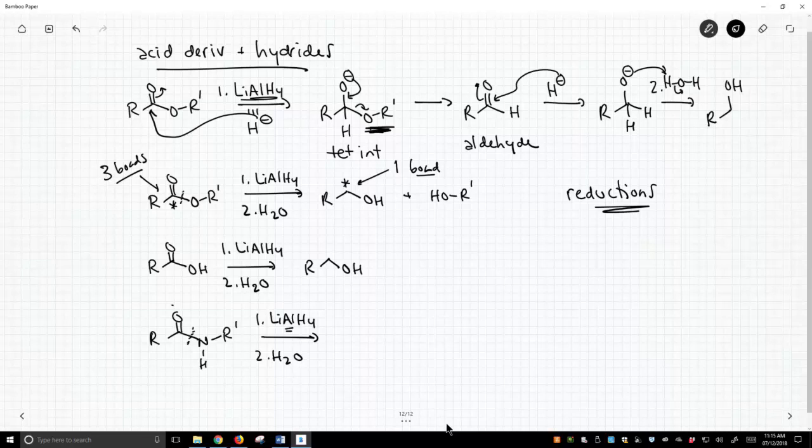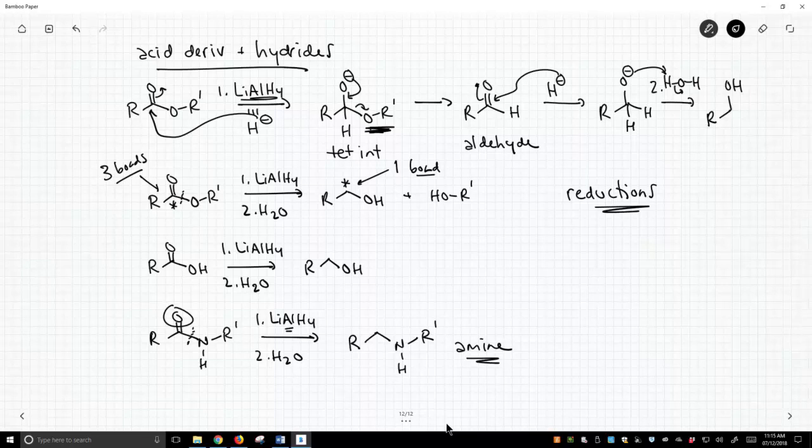What we end up doing is pulling that oxygen completely out of the molecule, and we make an amine instead. So that's kind of a quirky thing. We won't go over that mechanism because it's different, because we're actually pulling that entire carbonyl oxygen off the molecule.